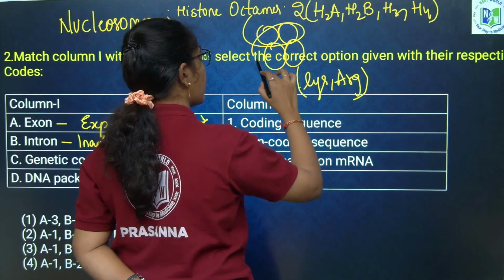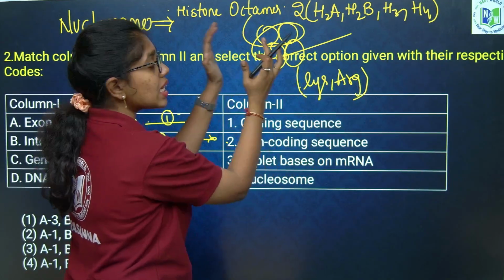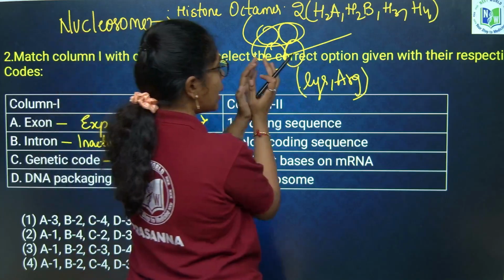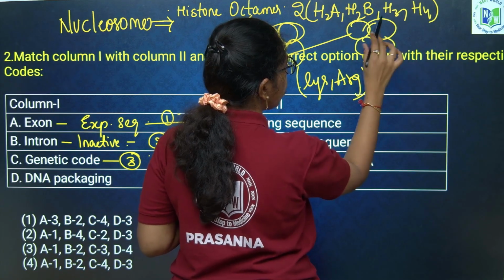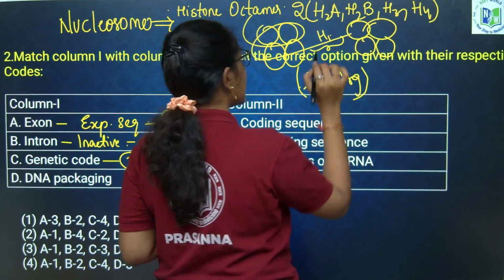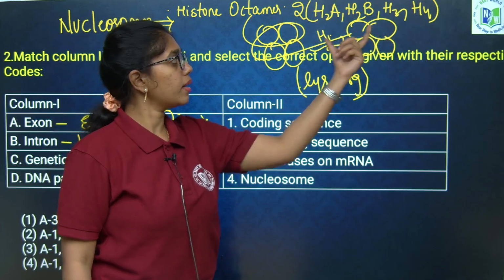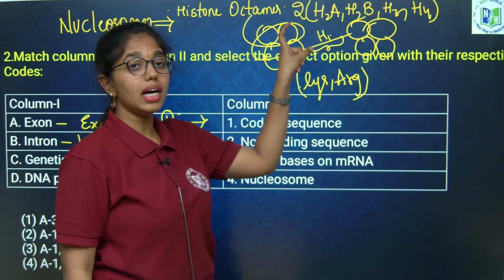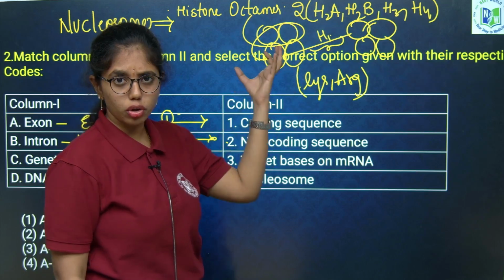DNA, which is in the chromatin form, is wrapped around this histone octamer and gets condensed. DNA is linked from one histone octamer to the other through a linker DNA which holds the H1 histone protein. This is the gist of the nucleosome model.